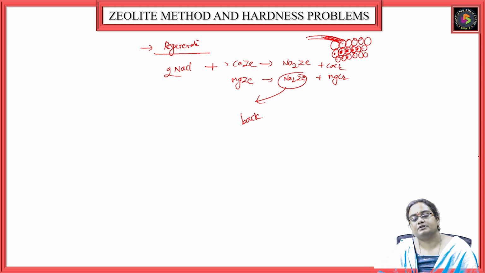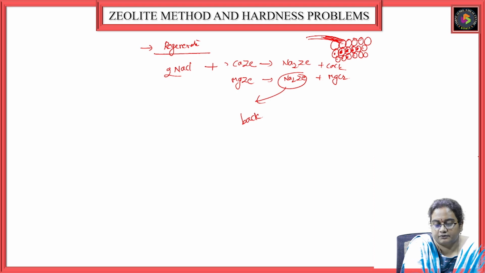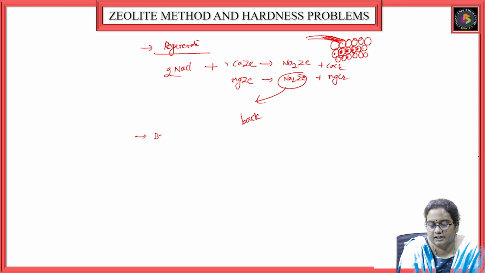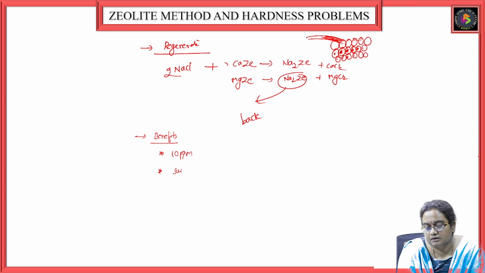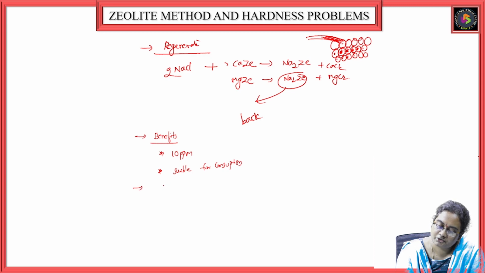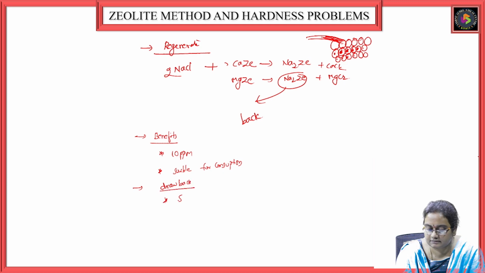But if you observe the benefits of the zeolite method, the residual hardness is only 10 ppm and it is suitable for consumption also. But what is the drawback of this zeolite bed? Zeolite method drawbacks, if you consider, it needs skilled assistance.